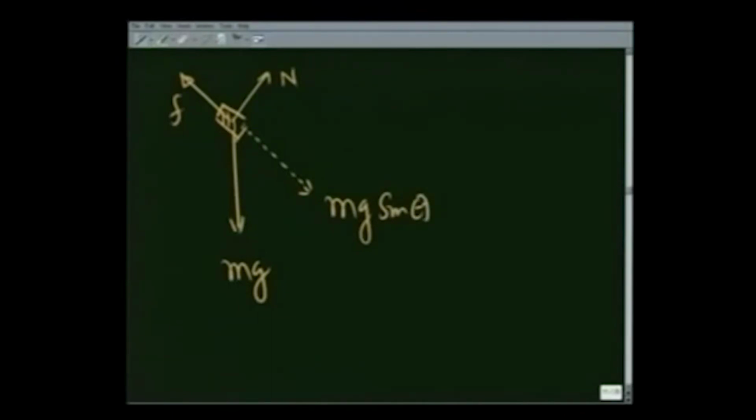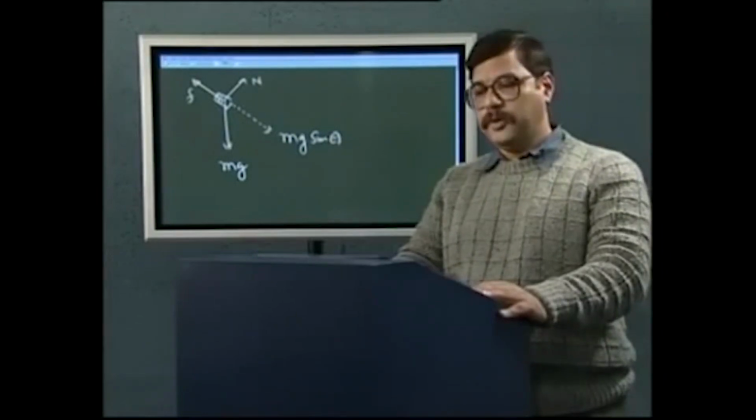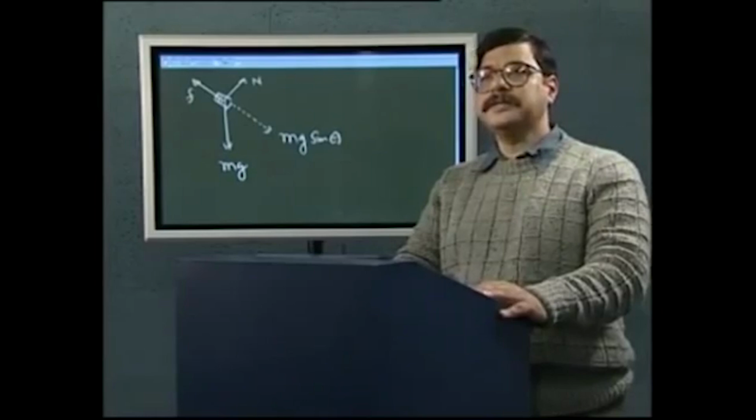As I increase theta, mg sine theta goes up, so the body is being pulled down by a larger and larger force. When it surpasses the maximum possible frictional force, it will start sliding down. Let us see what the maximum possible frictional force is.